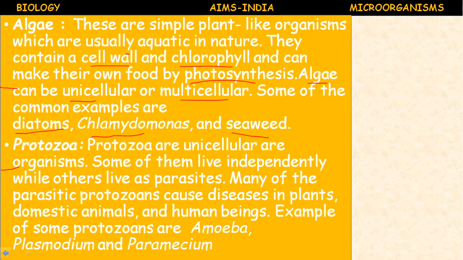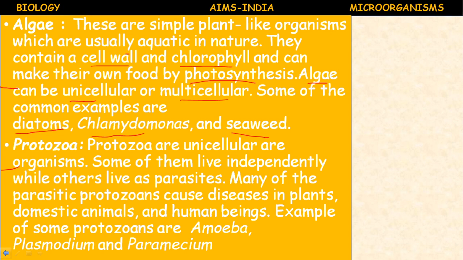For example, some protozoans are amoeba, plasmodium, paramecium, euglena, leishmania. There are so many protozoans. Alphidium is a colonial protozoan. So what are protozoans?